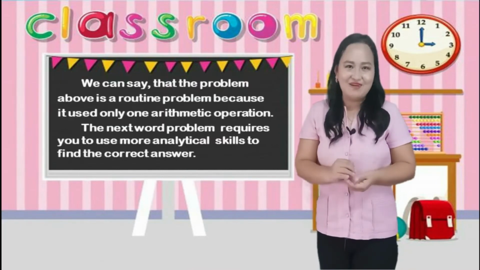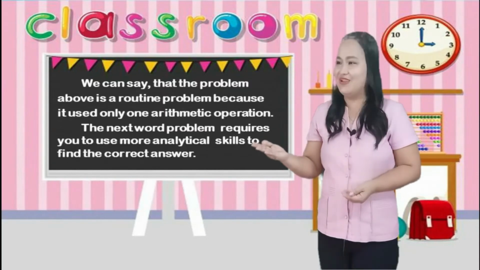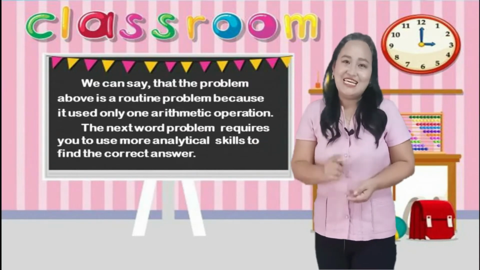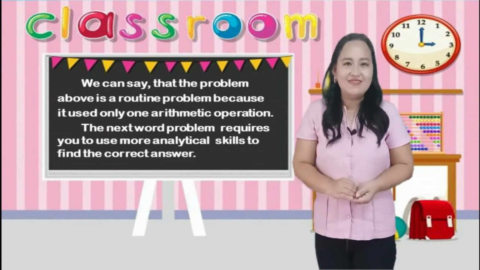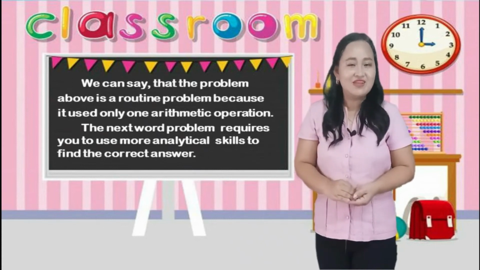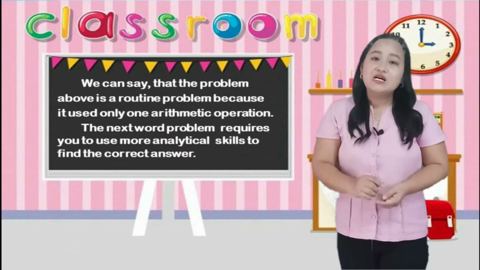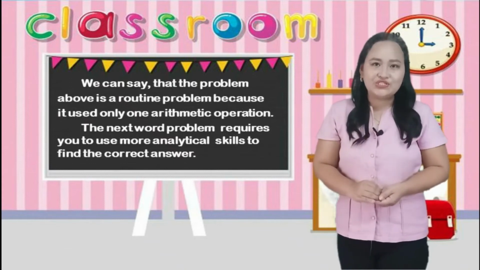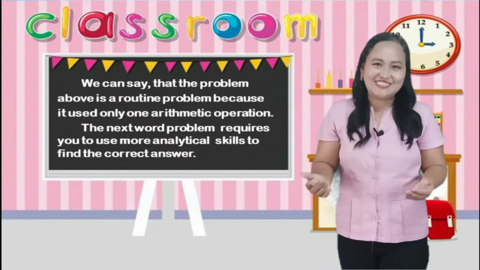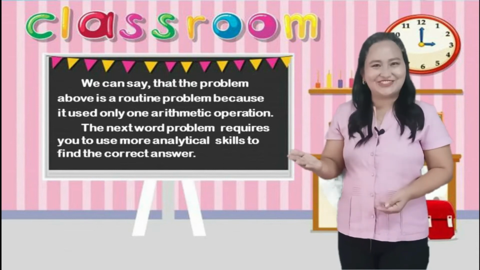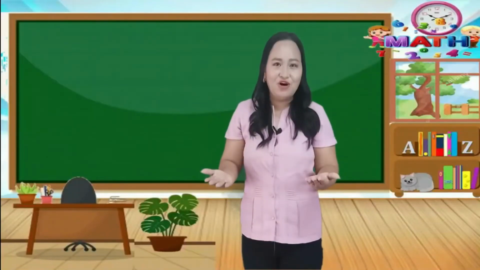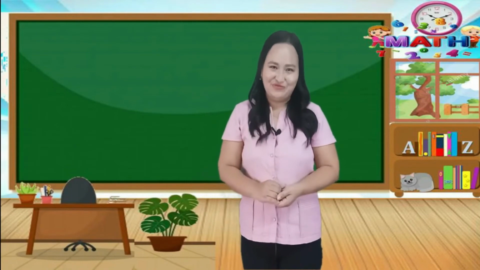We can say that the problem is a routine problem because it is used only one arithmetic operation. The next word problem requires you to use more analytical skills to find the correct answer. Let's move on problem number 2.